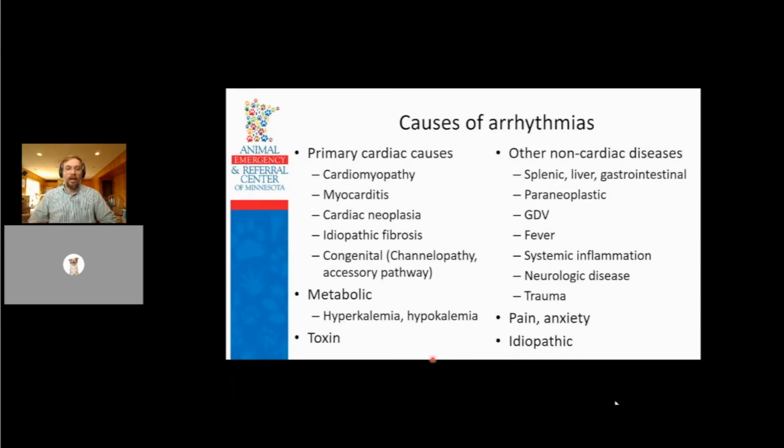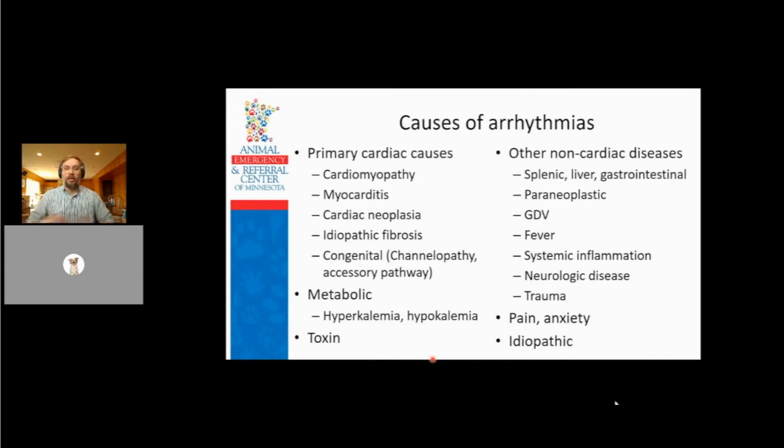So many primary heart causes: cardiomyopathies, primary heart muscle diseases, myocarditis, heart muscle inflammation or infection, heart tumors, idiopathic fibrosis or scarring. That's one of the most common causes for AV block in dogs.